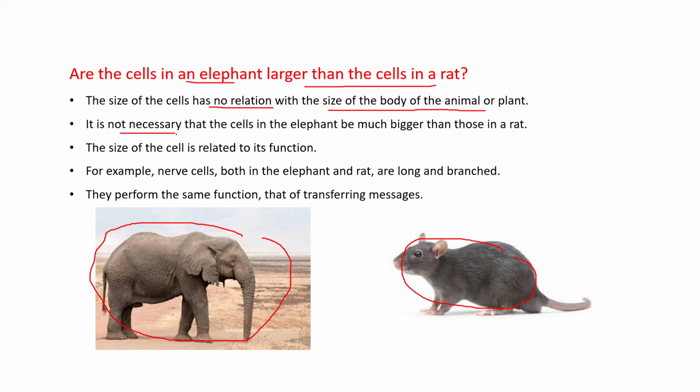It is not necessary that the cells in the elephant be much bigger than those in a rat. The size of the cell is related to its function. For example, nerve cells, both in the elephant and rat, are long and branched. They perform the same function, that of transferring messages.